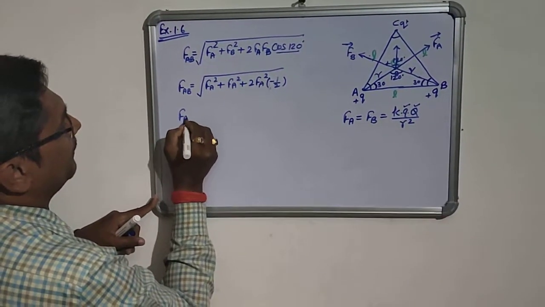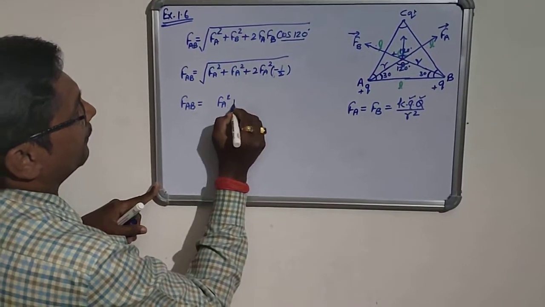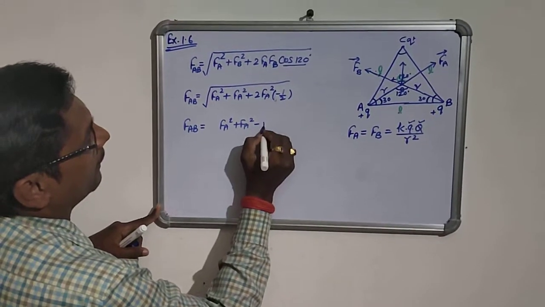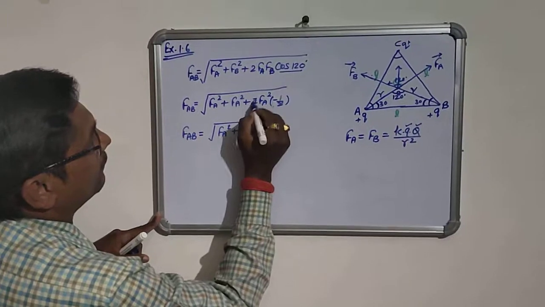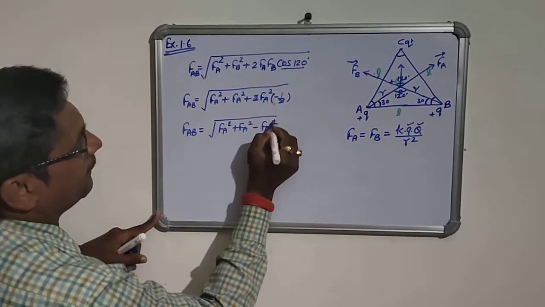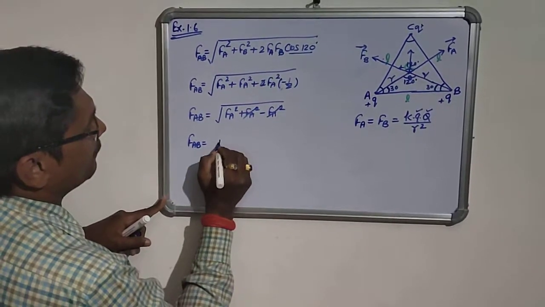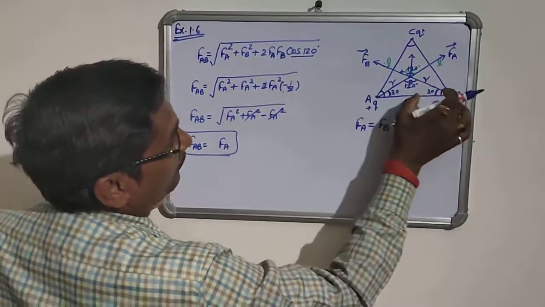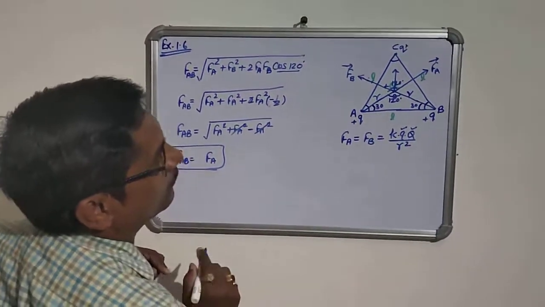So FAB is equal to the square root of FA square plus FA square minus FA square. This 2 and this 2 cancel, and FA square and this FA square cancel. So FAB is equal to FA. This is the magnitude of the force applied by A and B at point O.